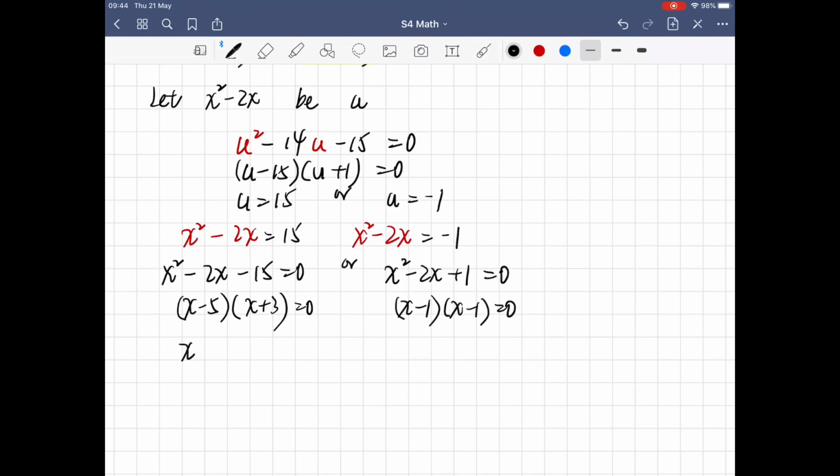Therefore x equals 5 or x equals negative 3, or x equals 1. For the right hand side, it is repeated. Finally, we get 3 solutions in this question: x equals 5, or x equals negative 3, or x equals 1.